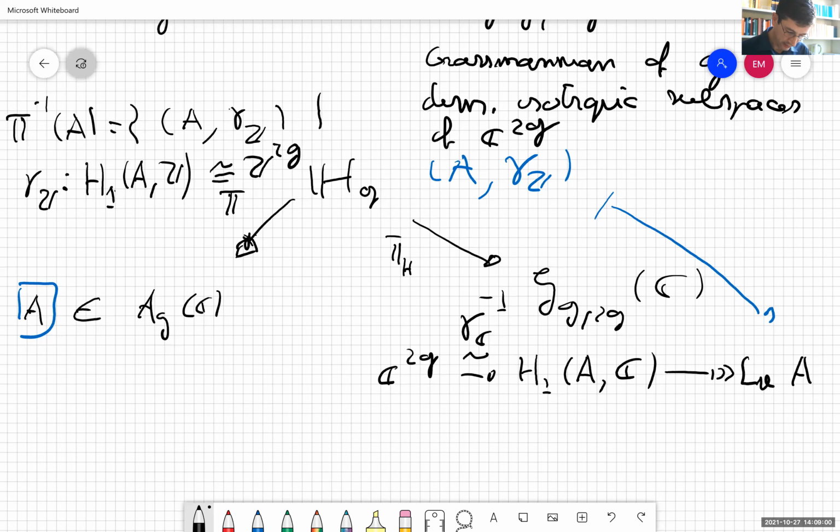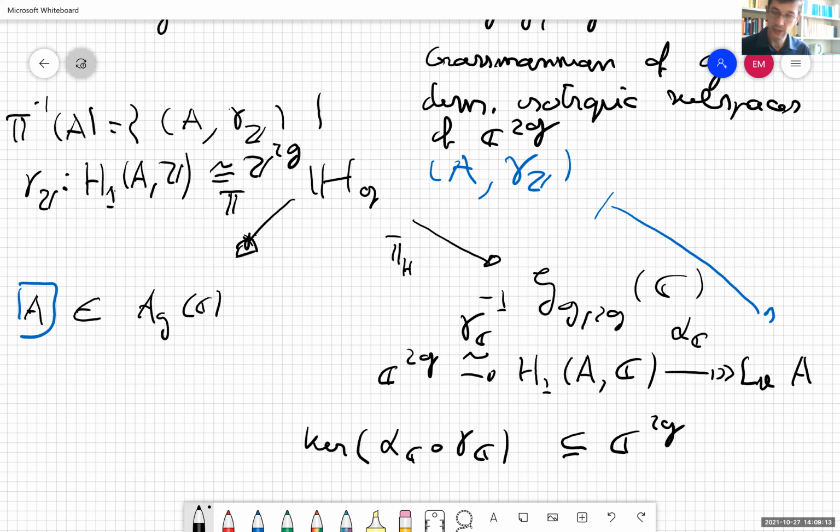So you see that the kernel of the composite, so this I call simply alpha_C, the kernel of this map inside C^2g defines a piece of what is called the Hodge filtration, and it defines a g-dimensional isotropic subspace, okay? So this thing here belongs to G_C.